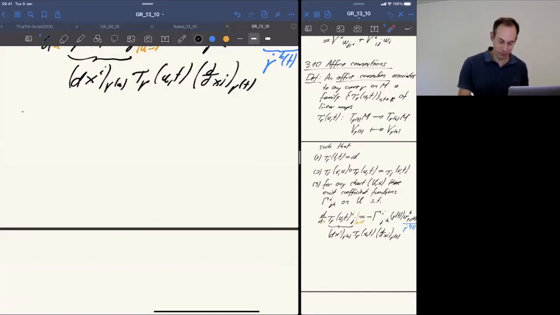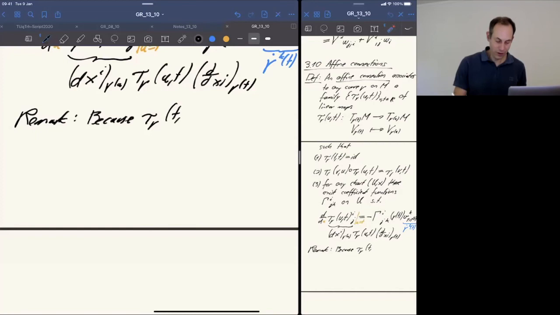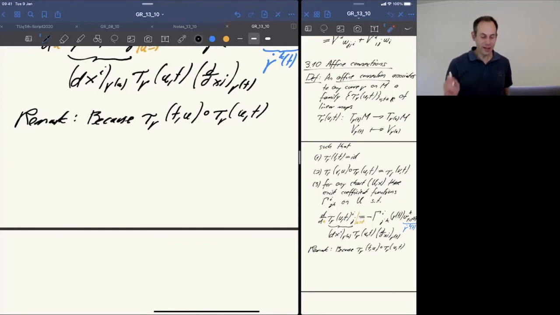The remark is just something that will be useful later for technical reasons. There's one thing that immediately follows from the definition, namely that if I take the map and go from U to T and then along the same path again from T to U. So the right argument, the second, is always the starting point and the left the endpoint, then of course that's just a map again from T to T, which again by the defining properties is the identity map.